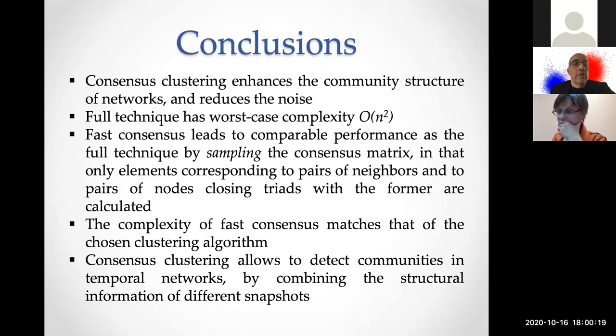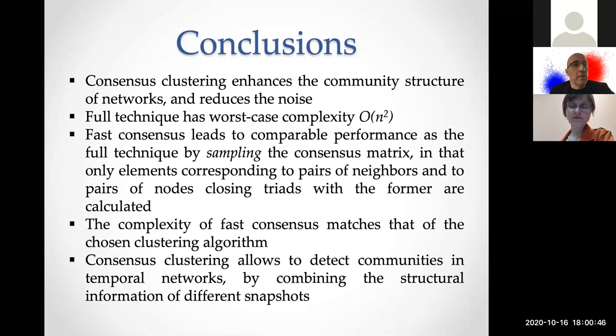And what I showed you today is that the original technique could have bad complexity that could approach quadratic if you're unlucky and you have some big clusters in your partition, of a size comparable to the size of the whole system. But it is possible to do much better by creating a consensus matrix which is sampled, just considering the scores on pairs of neighbors instead of any two nodes.